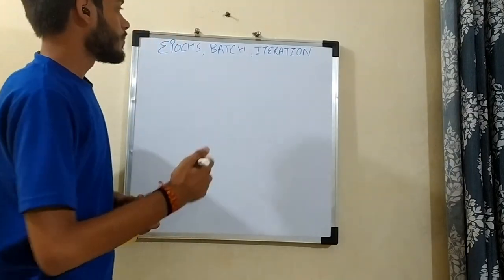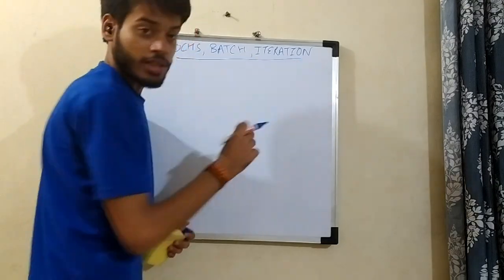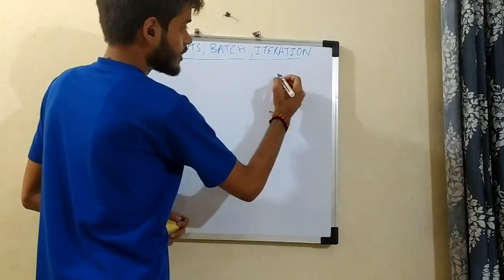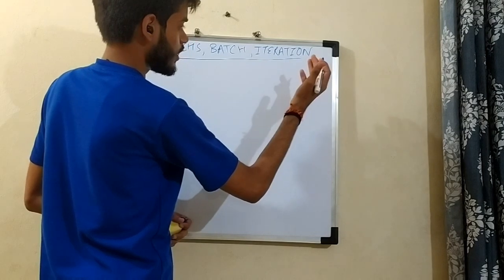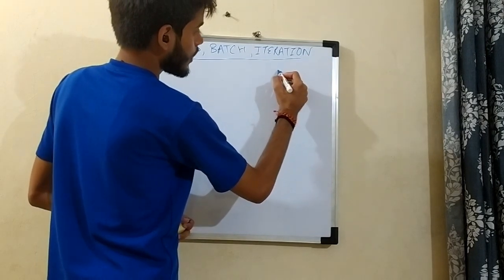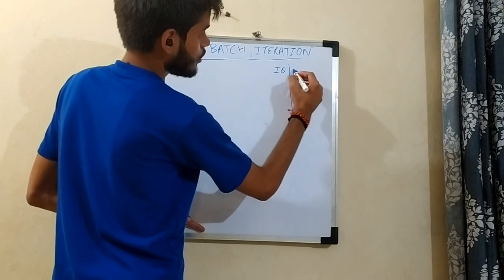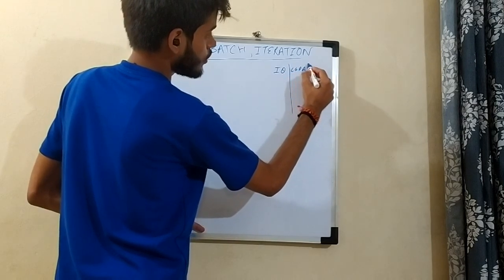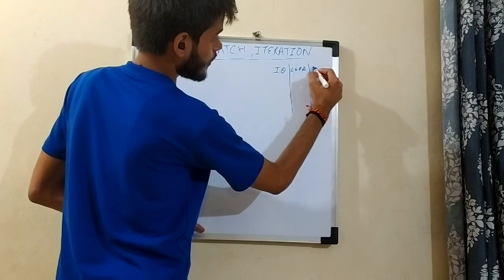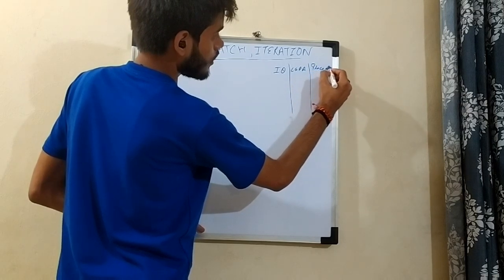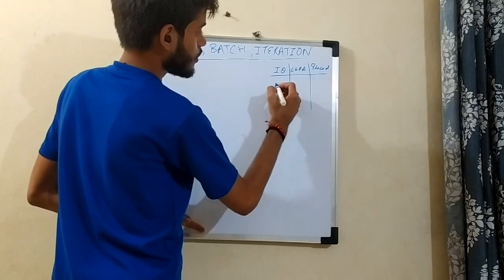Let me first take a data set. Suppose you have this data set with IQ and the CGPA of a student, and you are checking if he is placed or not.